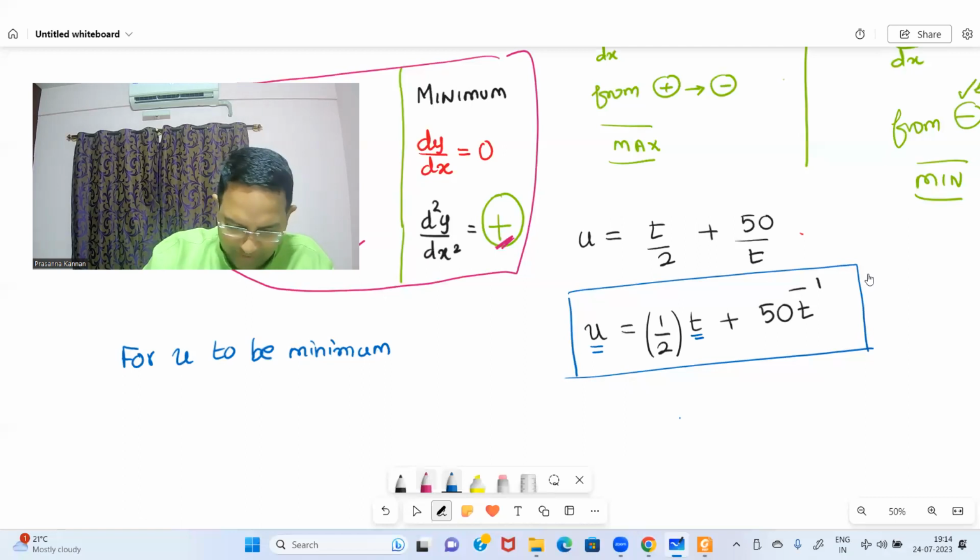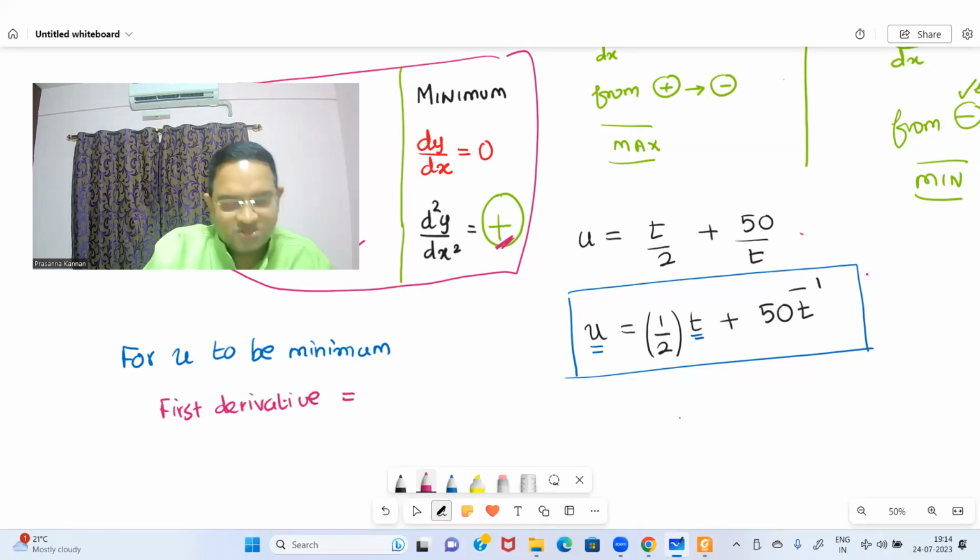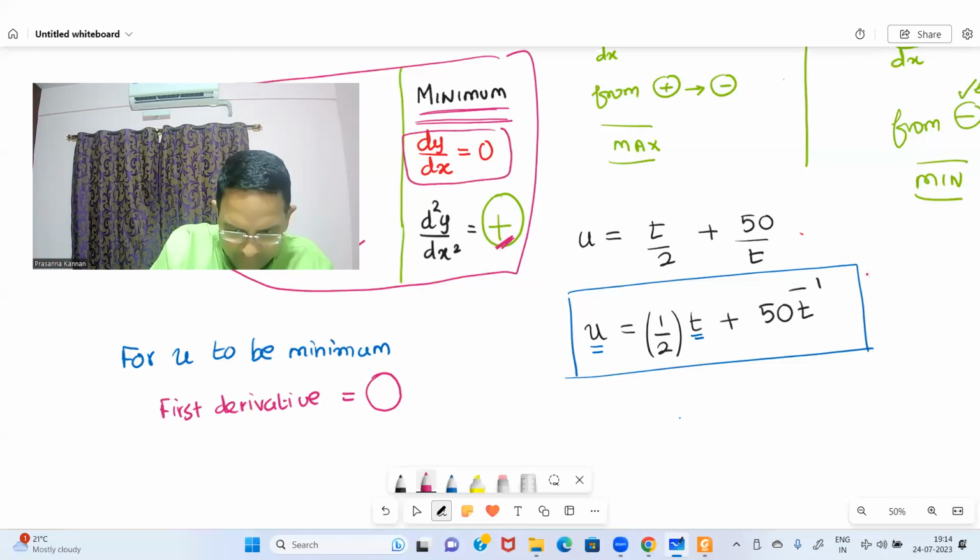Let me simply put it for you. First derivative must be what? It's in front of you guys. For a function to be minimum, the first derivative dy by dx should be 0.